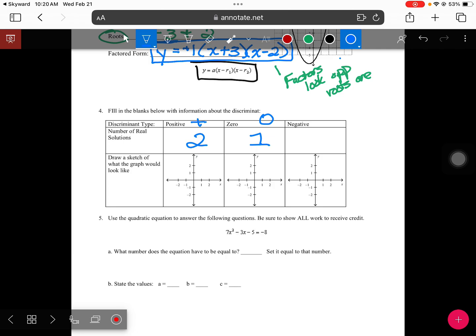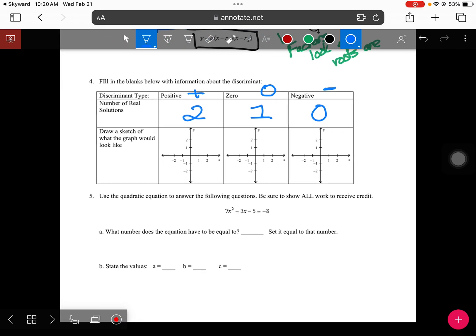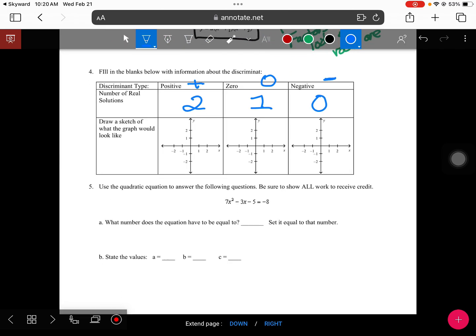And if I have a negative value, it's 0. So think about it. Positive is 2, 0 is 1, negative is 0. So they kind of go in order. Positive has 2, those have the most. 0 is in the middle, so 1 is in the middle between 0 and 2, and a negative value gets you 0 real roots.